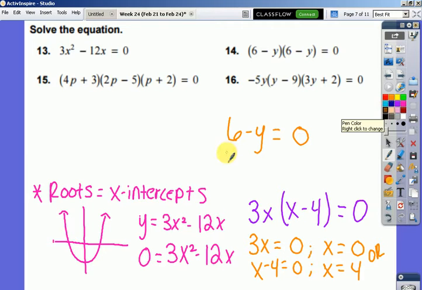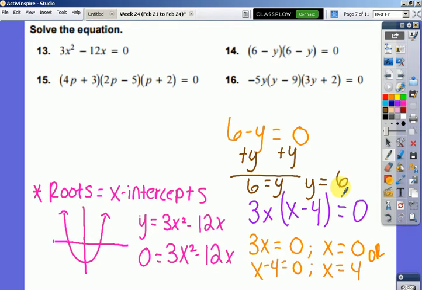Either one. So let's just add y, and add y. And I get 6 equals y, or y equals 6, using my symmetric property. So what's my root? 6. And it happens again. So remember that it bounces there. I won't make you memorize the fact that it bounces there, but that's what happens.